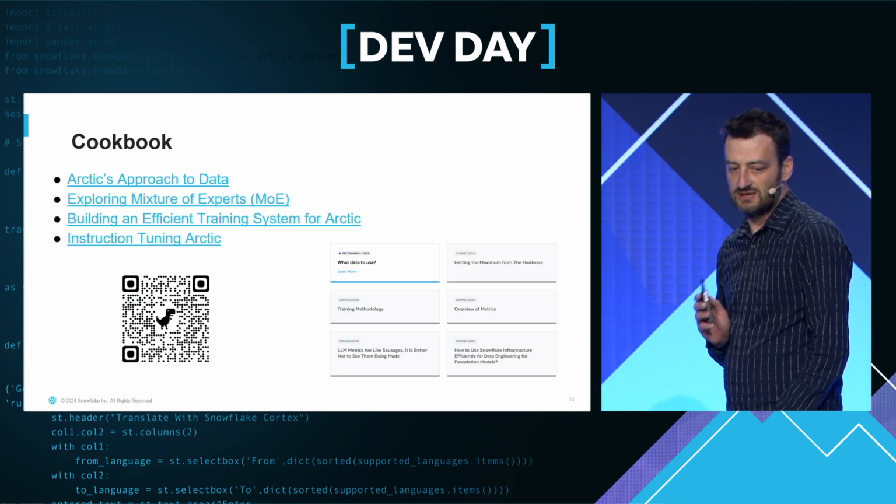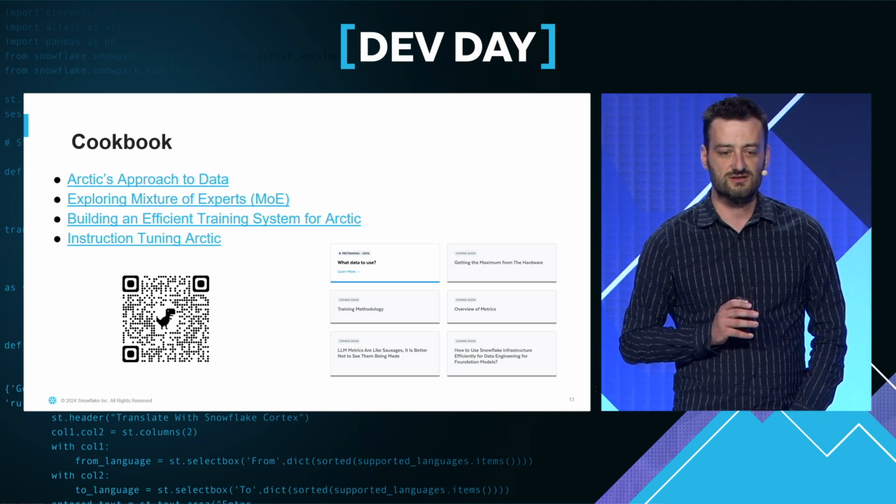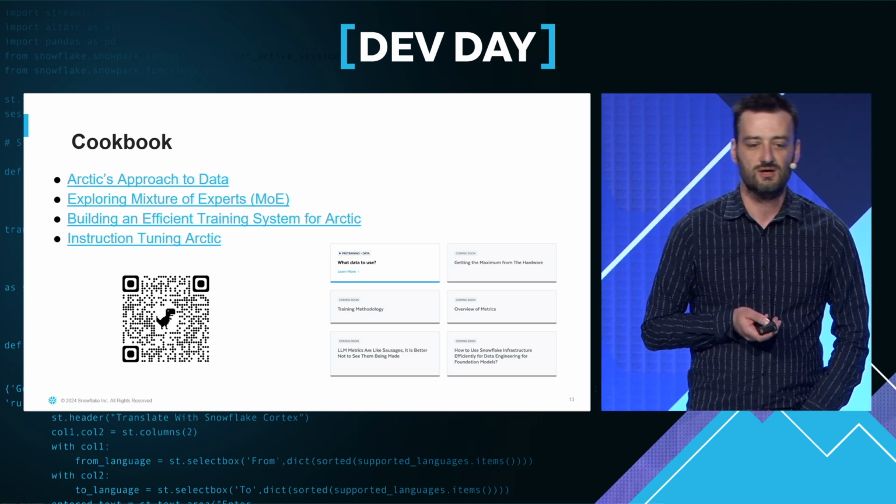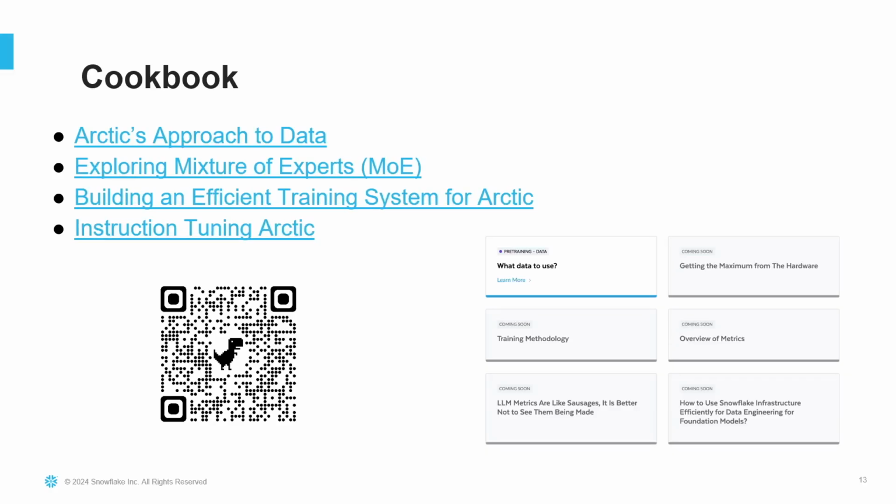Just to give a sneak peek of this, we have been releasing a series of blog posts that we are calling cookbooks. And so far, we have 4 blogs that we have published. One of them is on Arctic's architecture and talking about mixture of experts and the decision-making process that went into the architecture choices that we made.